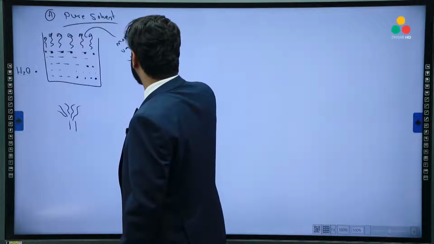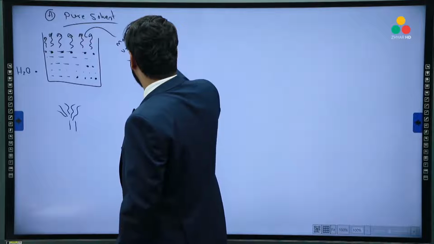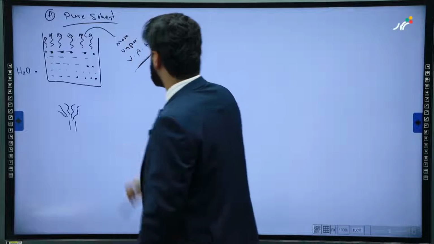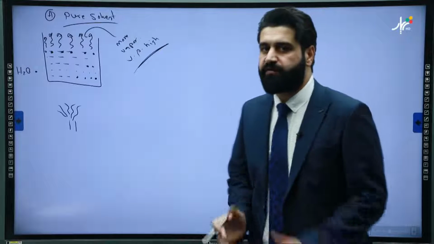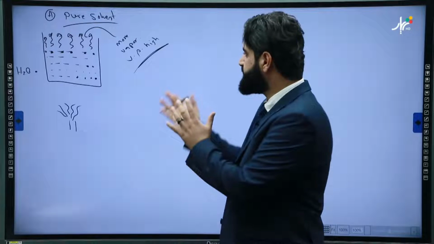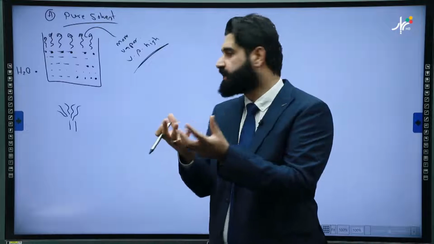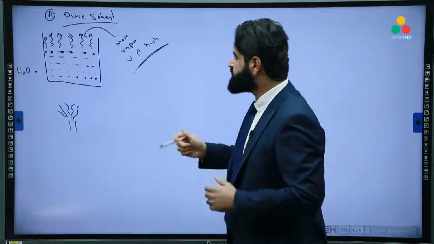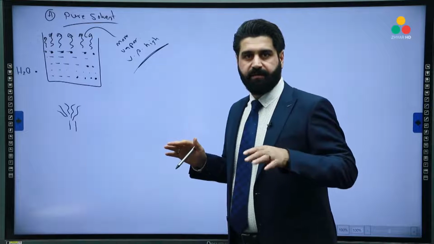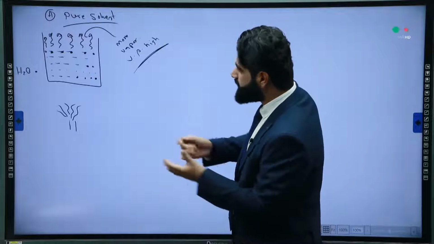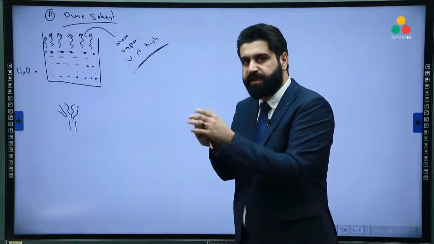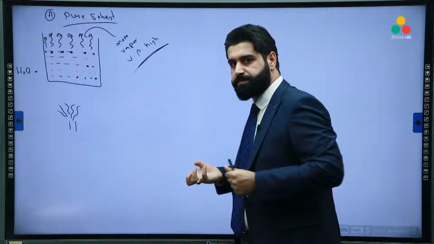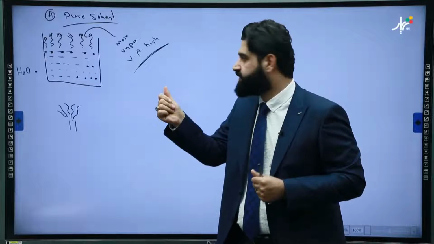So vapor pressure is high. In the first case, because we have only water molecules inside the beaker, there's no barrier except water molecules. So when they achieve enough energy, they will vaporize easily, just like this.